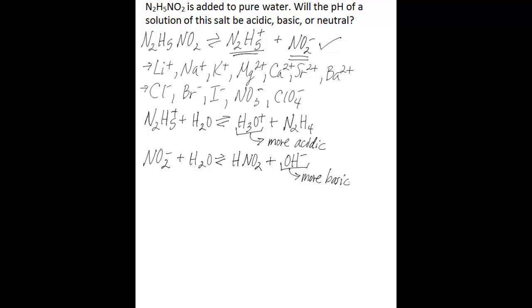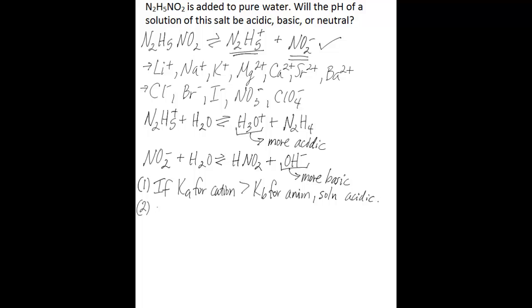In order to determine the answer, you need to compare Ka and Kb values to know for sure. There are three rules of thumb for doing this. First, if the Ka for the cation, in this case N2H5+, is greater than the Kb value for the anion, in this case NO2-, the solution is acidic because of an excess of hydronium ions.